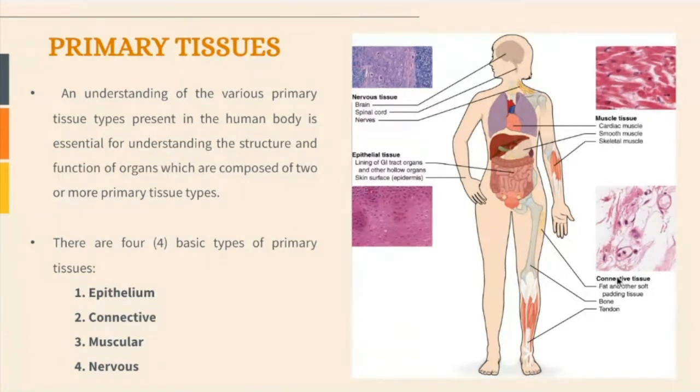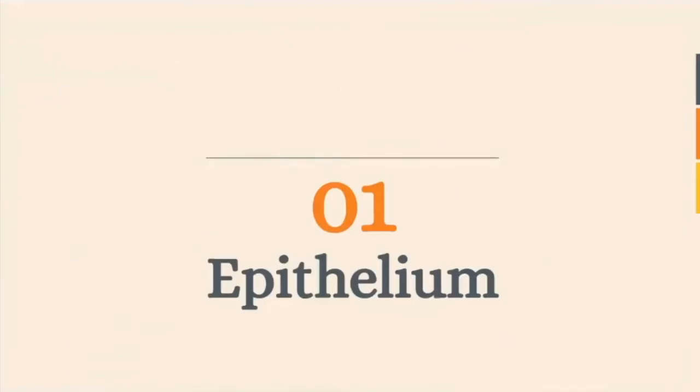Connective tissue comprises adipose tissue, bone, and also tendon. Epithelial tissue lines our gastrointestinal tract and also the skin surface. So these are all 4 types of basic primary tissue.